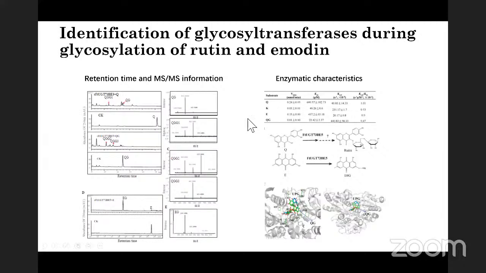We also show the enzymatic characteristics of the important UGT genes. We called it tartar buckwheat UGT 33B5. It can catalyze the steps of the glycosylation of the quercetin and the emodin.